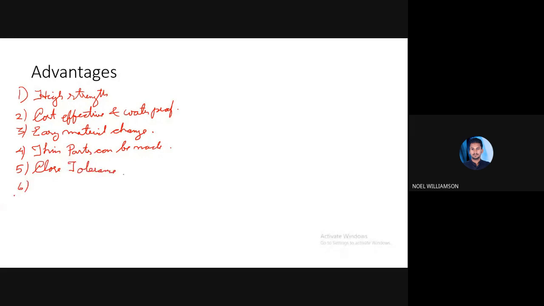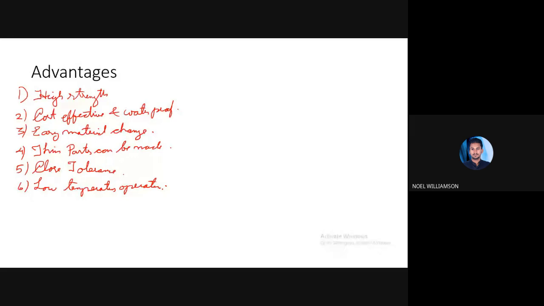And the fifth one, this is a low temperature operation, so no extra cooling arrangements are required. These are the key advantages of fused deposition modeling. First, the end product will have high strength.